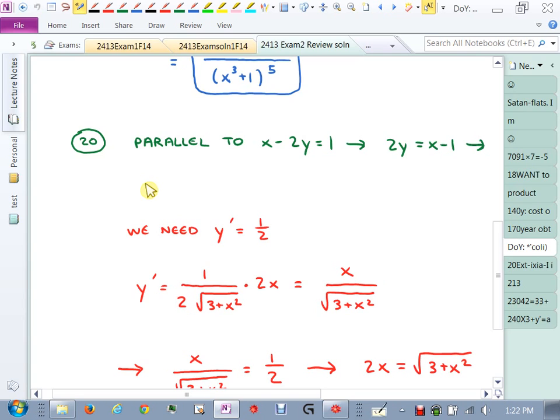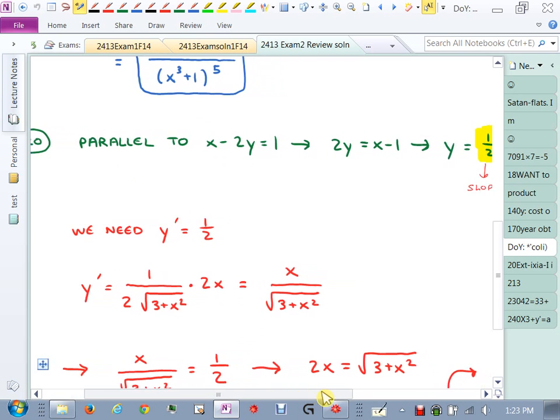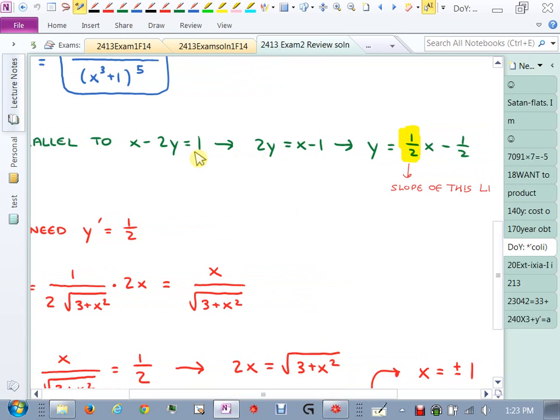How do you find the slope of a line? Well, you can put it into the form y equals mx plus b, which means you can solve this equation for y. I move this to this side, move the 1 back over, and divide both sides by 2. I get this, which looks like y equals mx plus b.